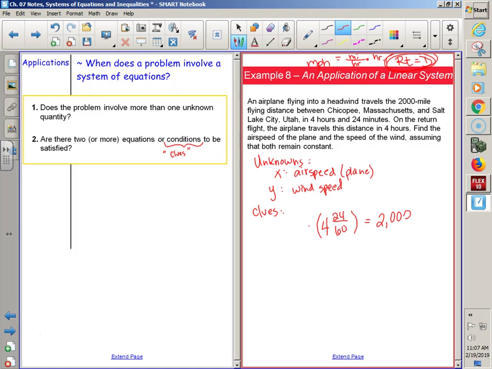Speed. Yeah. Wait a minute. Am I just going to use the airspeed, or do these work together or work against each other? Okay, so for the 4 hours and 24 minutes, for taking longer to go the 2,000, do you think they're working together and helping each other, or working against each other? Well, together, wouldn't that make it go faster?